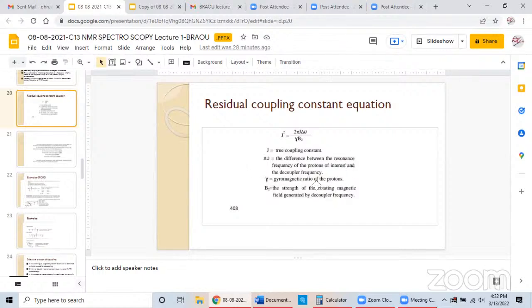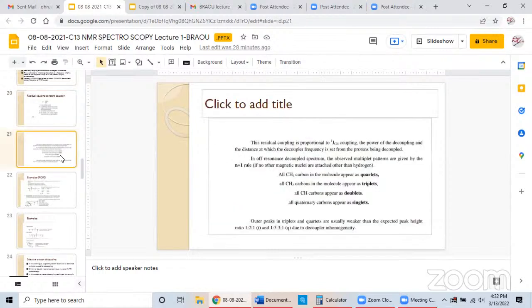Gamma is the gyromagnetic ratio of the protons, and B2 is the strength of the rotating magnetic field generated by the decoupler frequency which we are using. The decoupler frequency also generates a secondary rotating magnetic field, that is known as B2. So this is the equation that is used to calculate J residual coupling. Okay. Next.